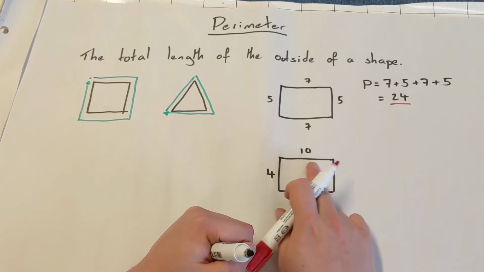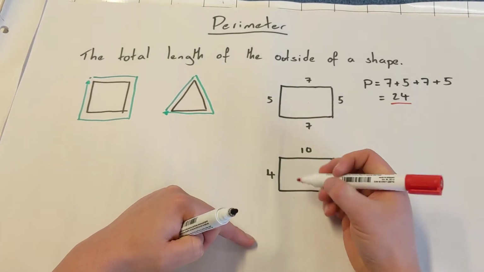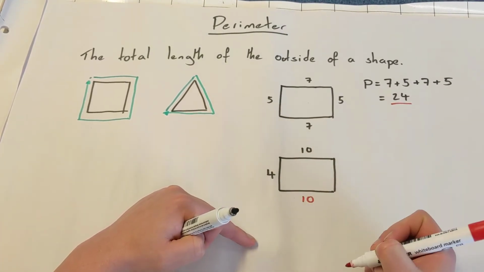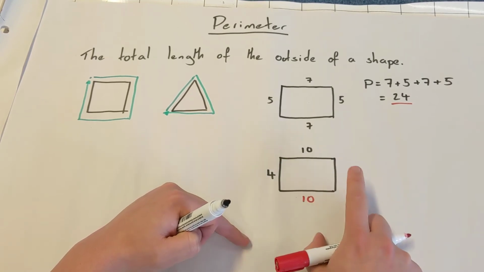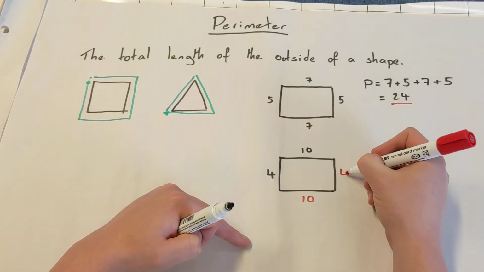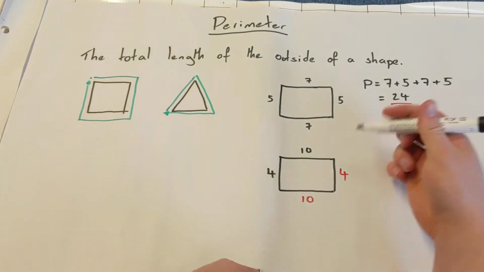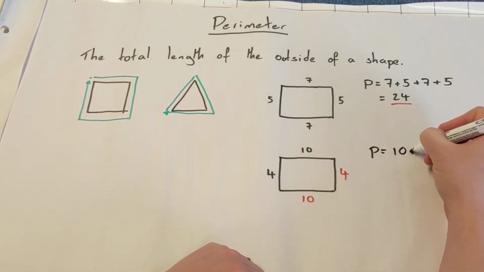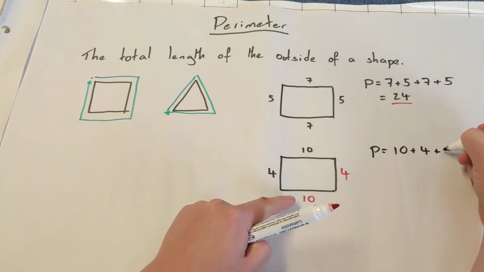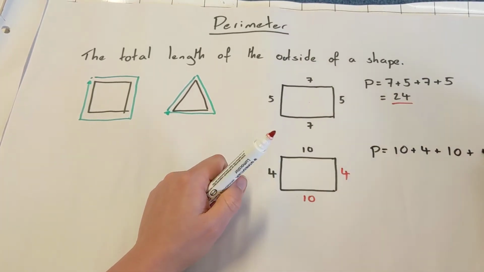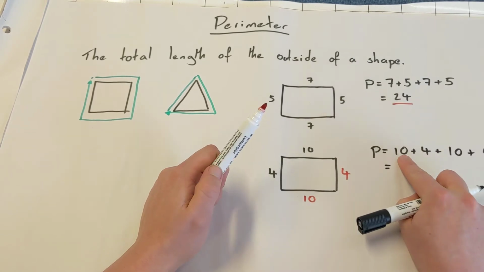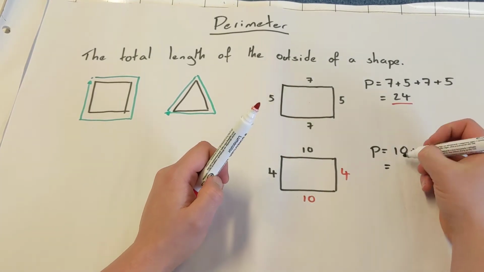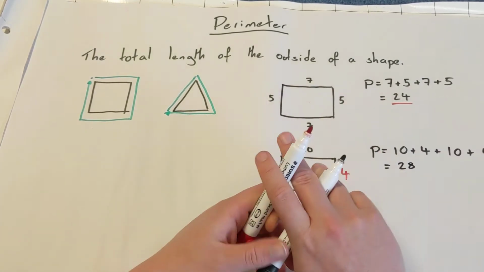Because if this side is 10 and it's a rectangle, this side has to be 10 as well. And if this side is 4 and it's a rectangle, this side has to be 4 as well. So then our perimeter, well, it's going to be 10 plus 4 plus 10 plus 4, which equals 14, 24, 28. And there we go.